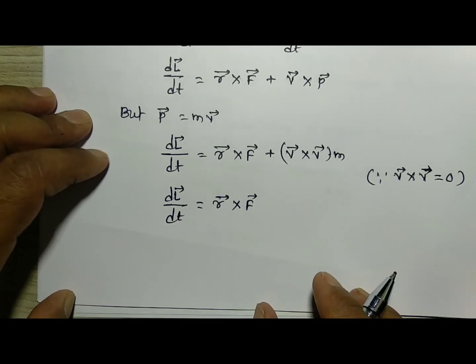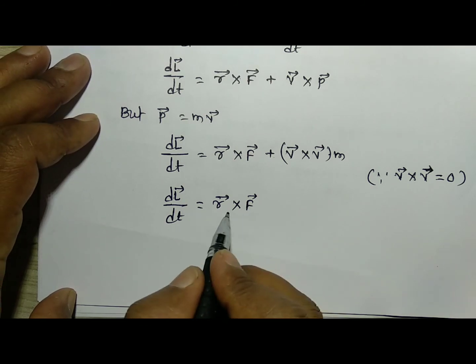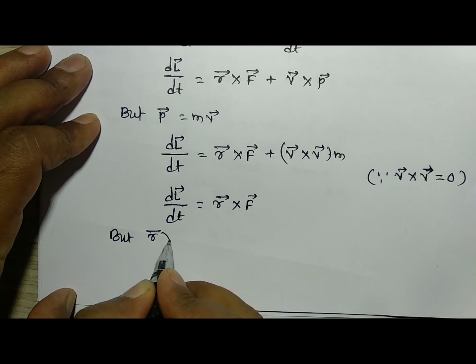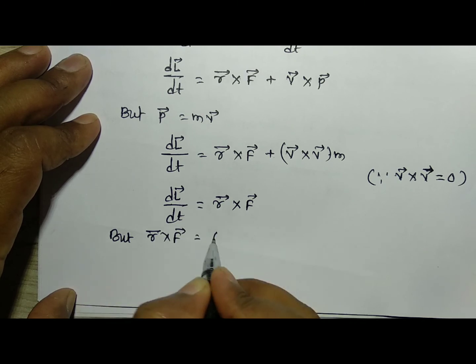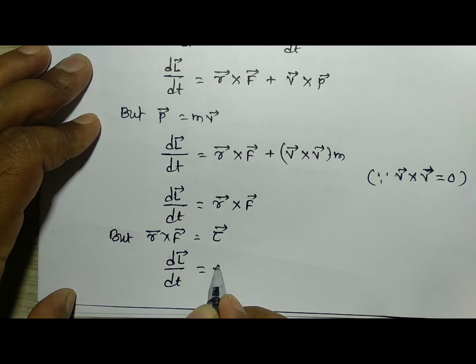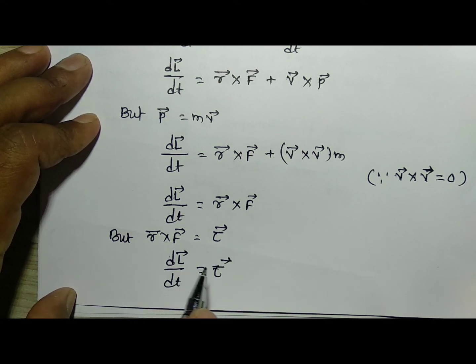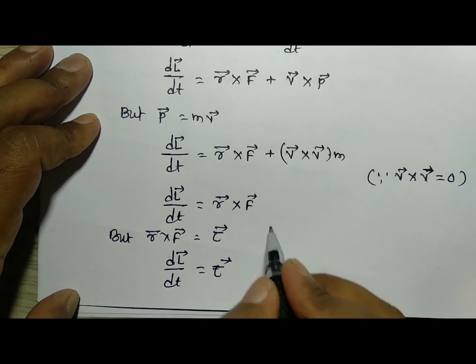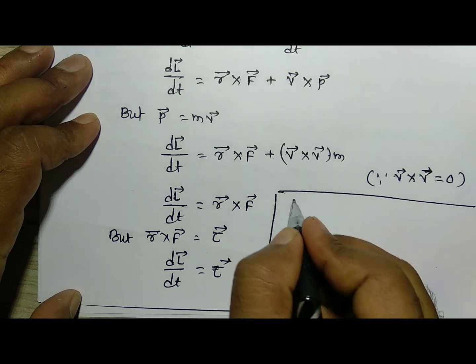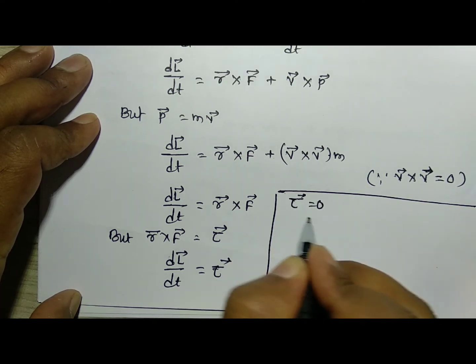But we know that R bar cross F bar is nothing but torque, so R bar cross F bar is equal to tau bar, and therefore dL bar divided by dt is equal to tau bar. Now the consideration is tau bar equal to 0. What does it mean?